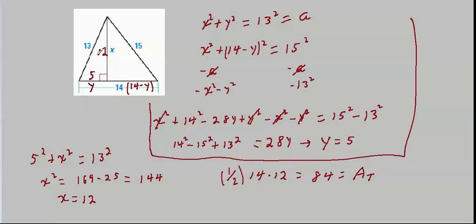Which means that if you don't know anything except the length of these 3 sides, there is a way to find the area. And in future sections, we'll get to a more compact formula. You can do all this stuff, but all this stuff will reduce to an equation we can use to compute the area when we don't know the altitude, but we do know all 3 sides. That's about it for now.